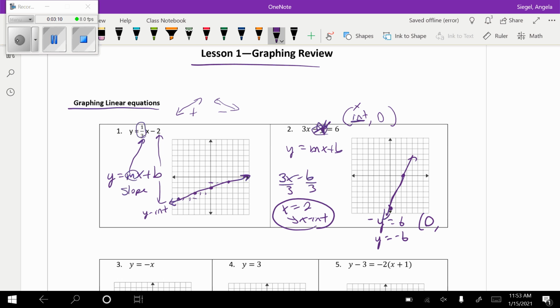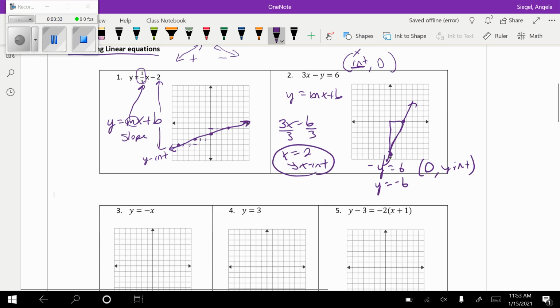It's going to cross the axis at 0 and then whatever that y point is. So if I make x 0, this whole thing becomes 0. It's a really nice tool to use. I don't think a lot of people use it. And then you can find the slope, rise over run, get everything you need. It's just really handy to know.